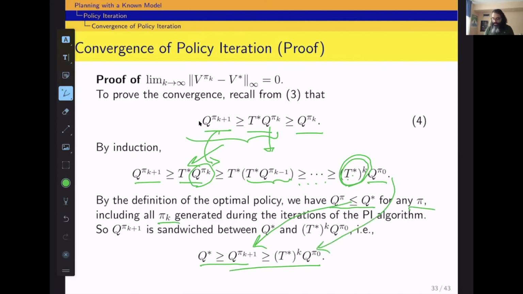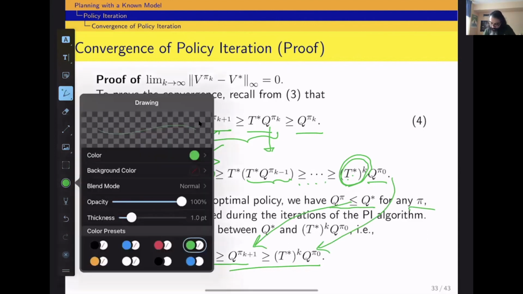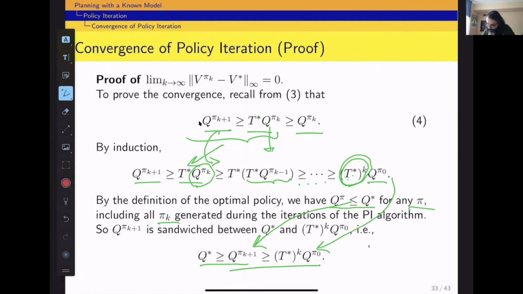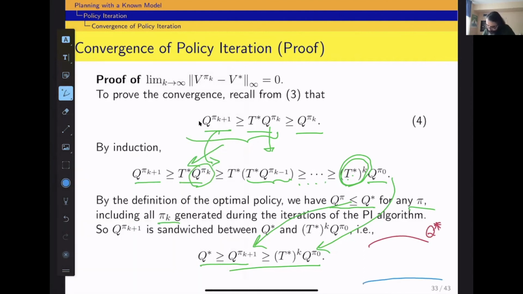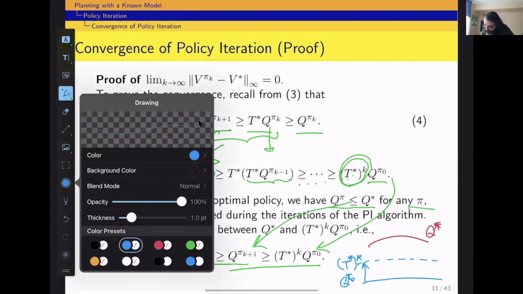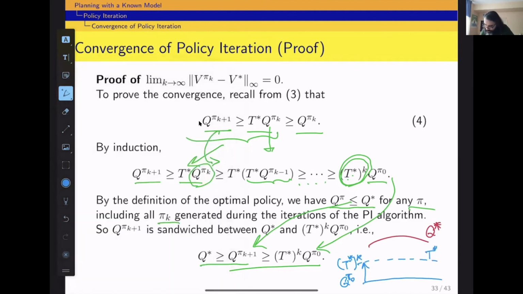So essentially, what we have is, maybe if I can. So this is Q star. This is, say, Q of pi 0. We apply the T operator k times to get to this point, which is T star k of Q pi 0.